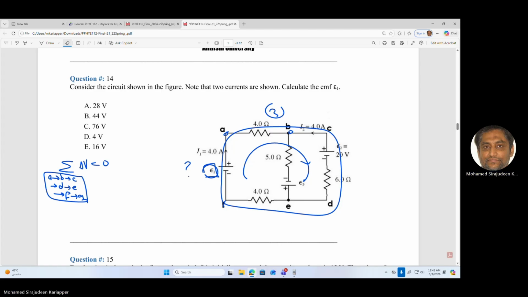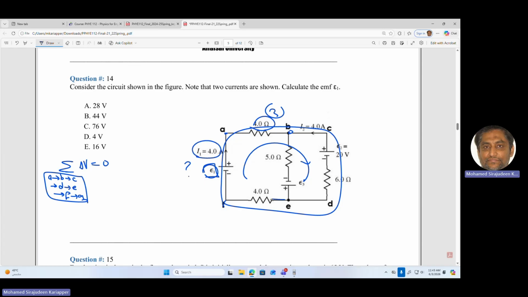So you can say, okay, now let me just start from A. You go from A to B. Is there any potential change when you go from A to B? Yes, because there is a resistor. So the current is I1, right? In this segment here, it is the same current and it is going up here.